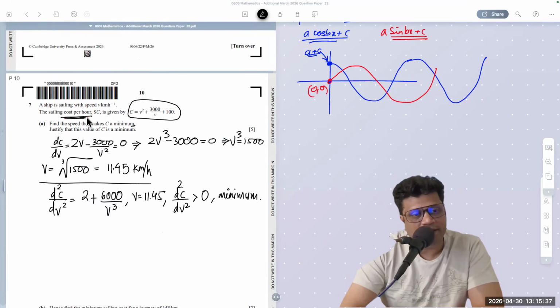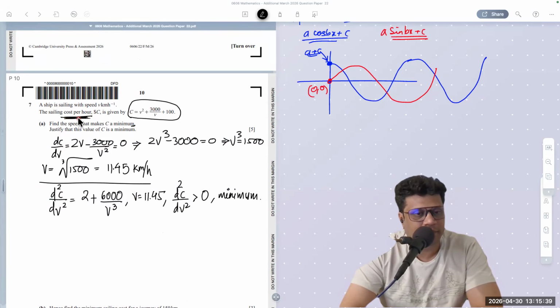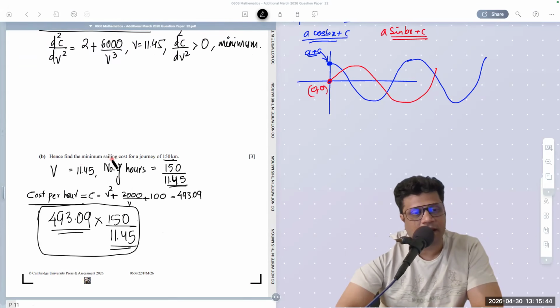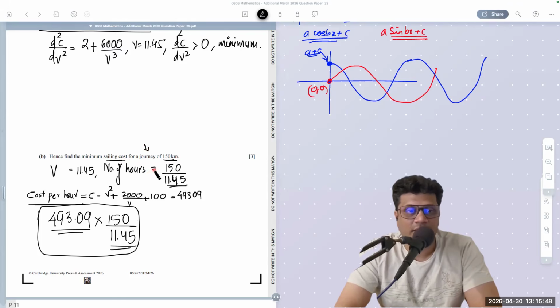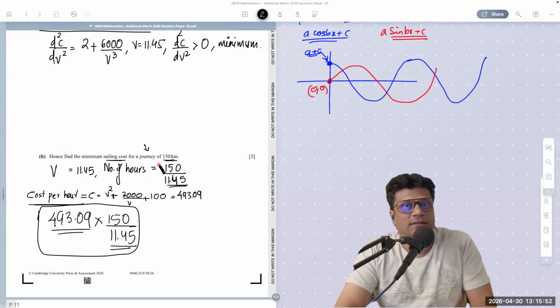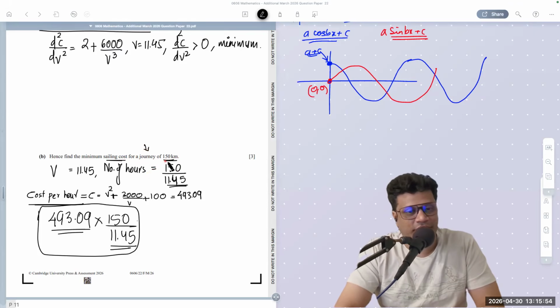What they have given is the cost per hour here. And what they have asked for is the sailing cost for the entire journey. So you should know, first you want to calculate the hours it takes to cover 150 kilometers at that speed.